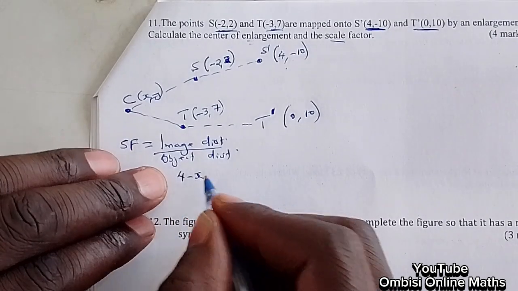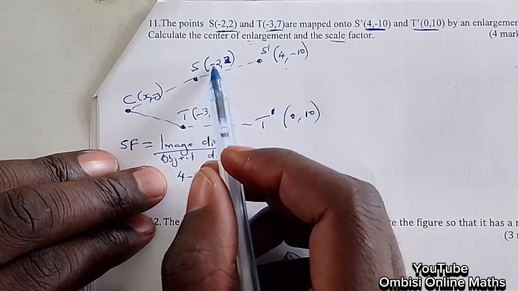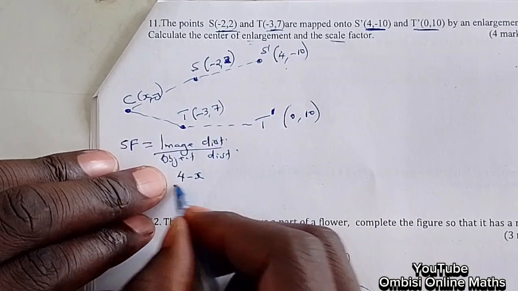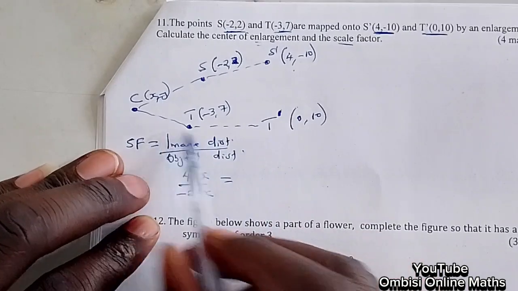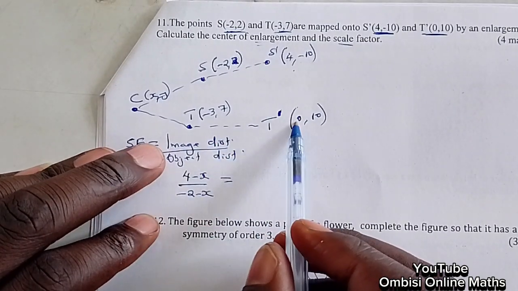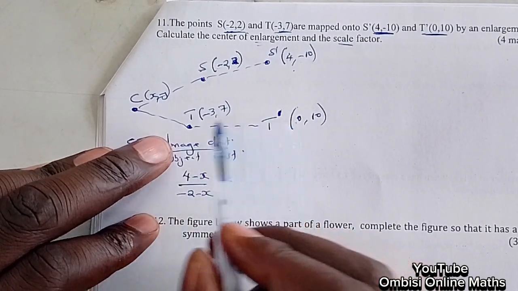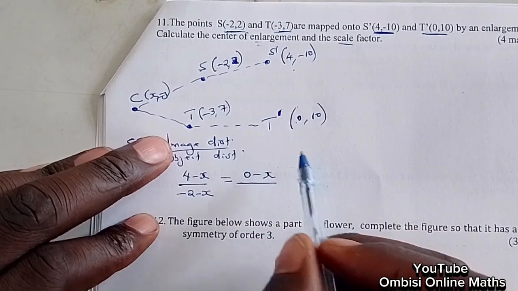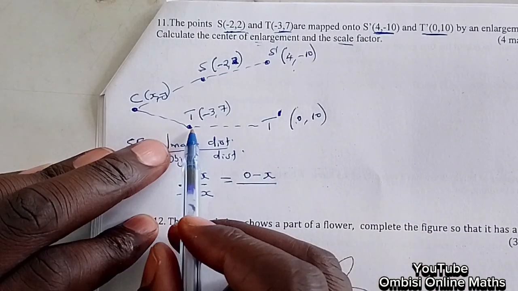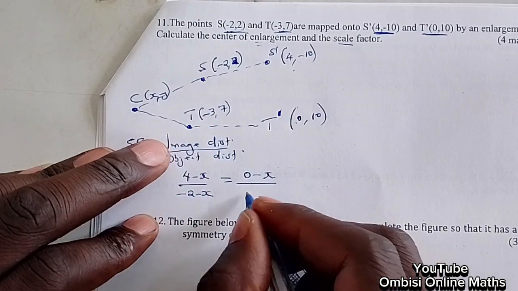You see? Our object distance is going to be -2 minus x. It is the same as on the side of t, 0 minus x over object -3 minus x.